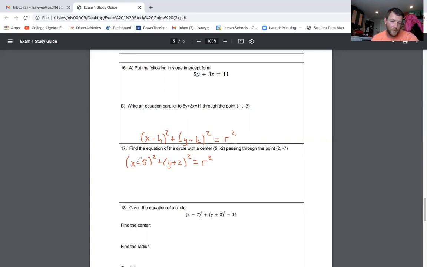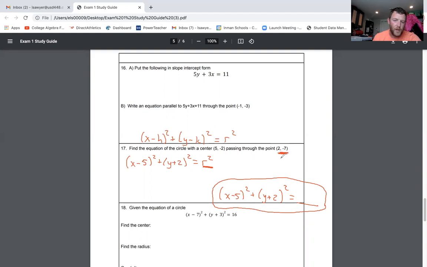Now I know my answer is going to be something similar to this, except the number filled in right here. So I'm going to go ahead and write my answer out. x minus 5 squared plus y plus 2 squared is equal to something. Circle my answer.